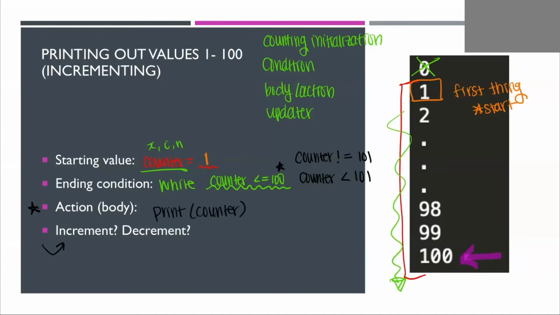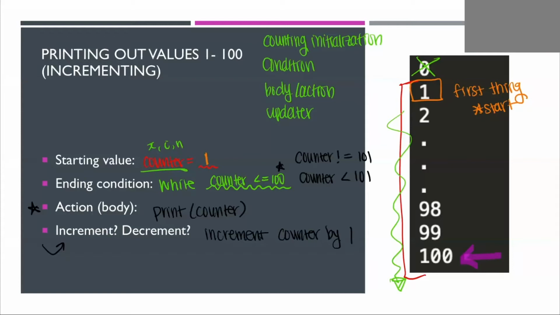Our variable, which is currently called counter, we could call it something else later on when we actually code it, is going to be changing every single time because, like you guys mentioned, we want to increment counter by 1 each time.